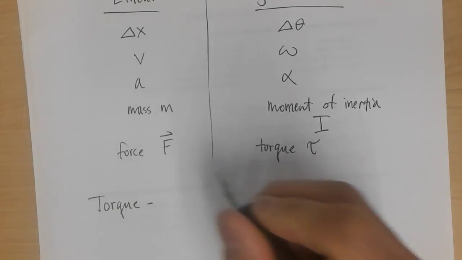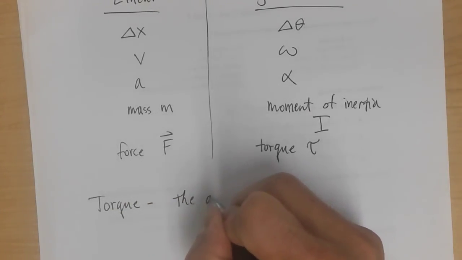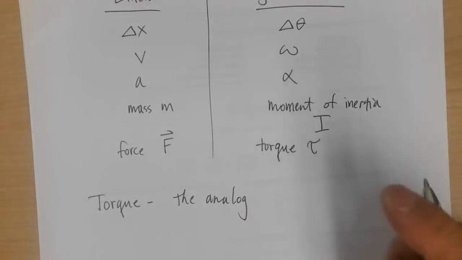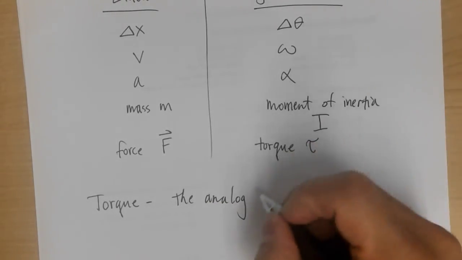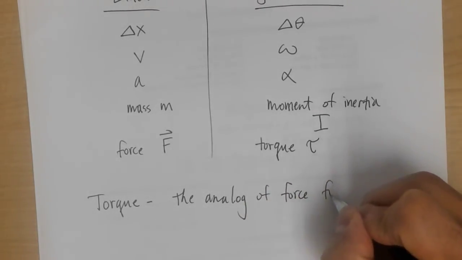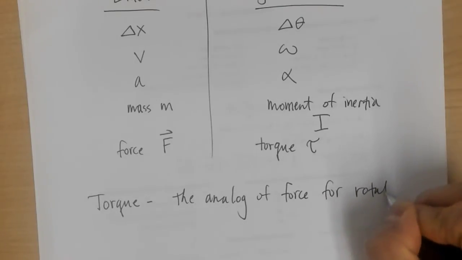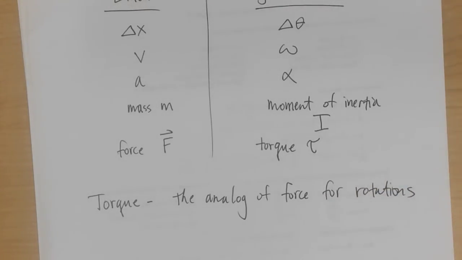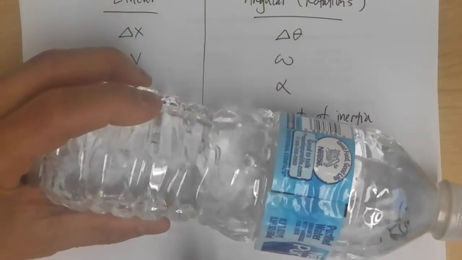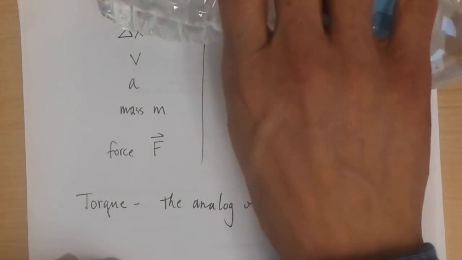So torque, as I said, is the principle that corresponds to force, the analog of force for rotations. If it's not clear what I'm talking about, if I have an object, let's say this water bottle, there's a net force, I push it, it accelerates.